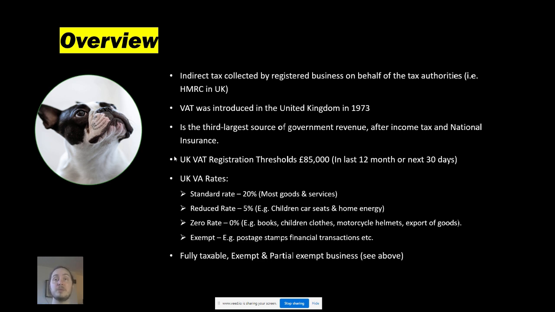But at the moment that your business starts making exempt supply, and it's generally for bigger businesses, then you start impairing your ability to recover VAT. If your business only provides exempt supply, you cannot recover any VAT on your purchases. If your business provides a mixture of exempt and taxable services, you can recover part of your input VAT. We're not going to go into any further detail around this in this video, but I might do another video just dedicated to this.